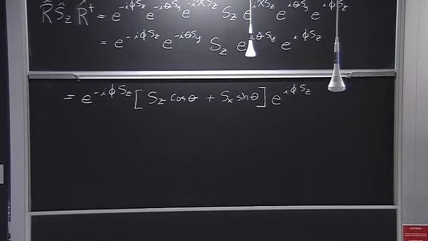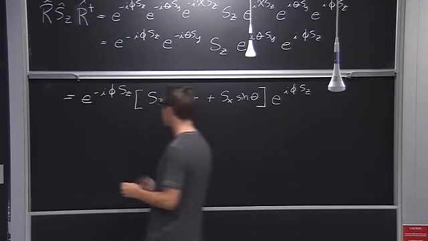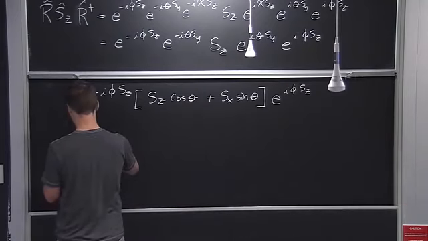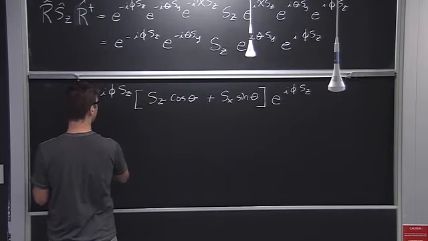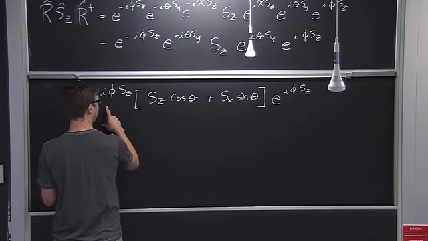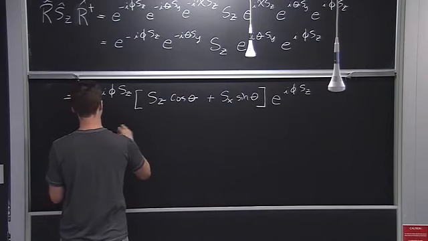All right, cool. So let me just write this out, expand this out. Right, you have an S_z operator, which commutes through this exponential. So you can write it like this.